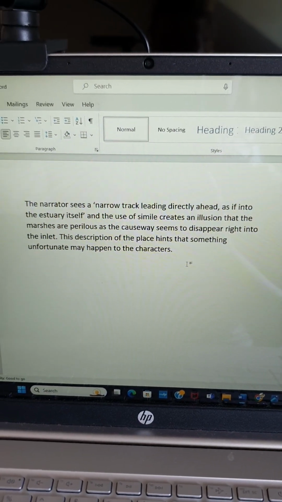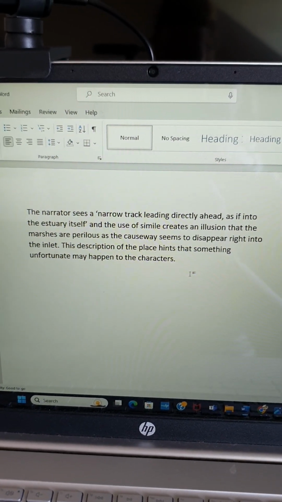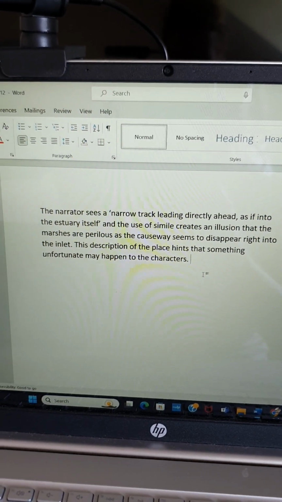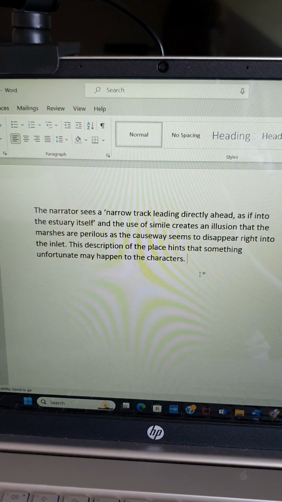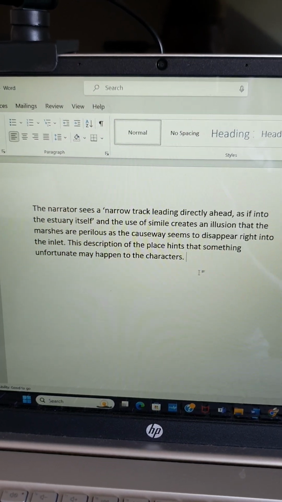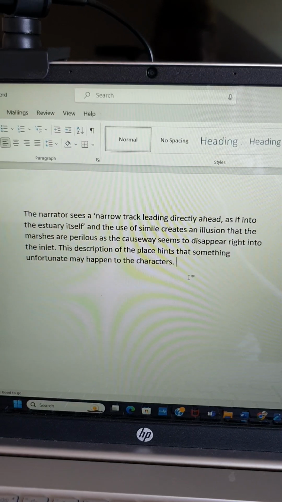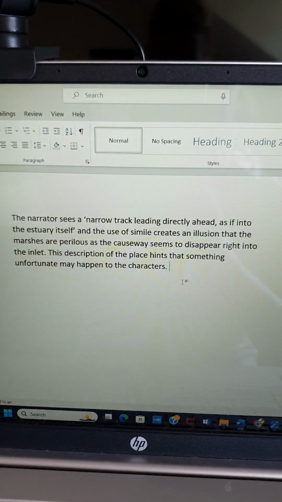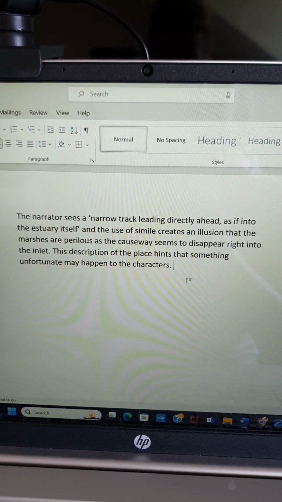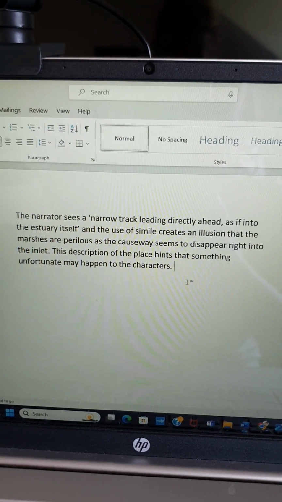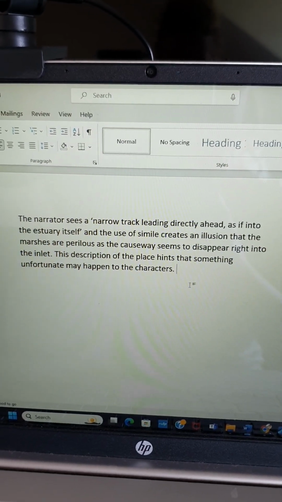All right, here we are, and I have embedded my quote into my point sentence. The narrator sees a narrow track leading directly ahead as if into the estuary itself. And the use of the simile creates an illusion that the marshes are perilous as the causeway seems to disappear right into the inlet.